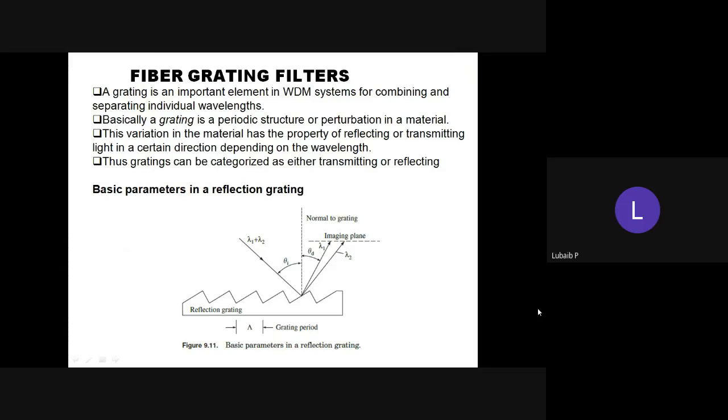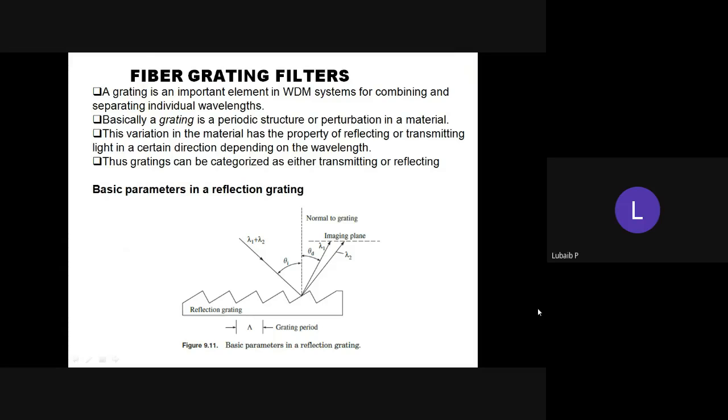An optical signal having wavelengths lambda 1 plus lambda 2 is incident on a particular surface at an angle theta i, which is measured with respect to the normal to the grating.